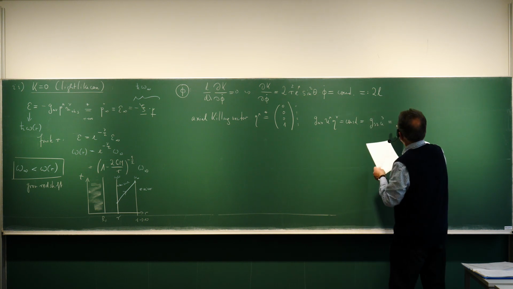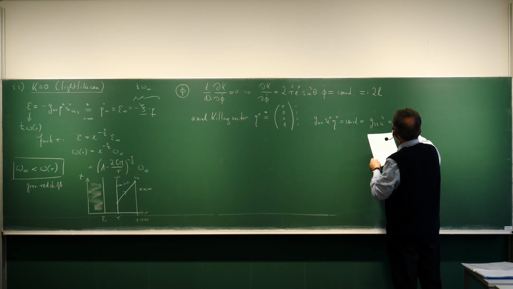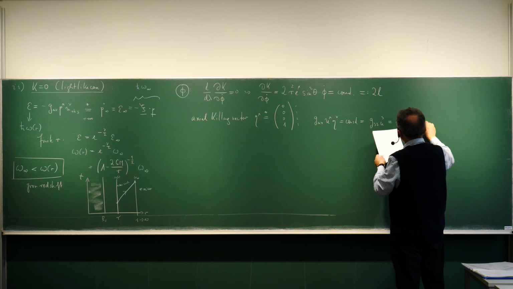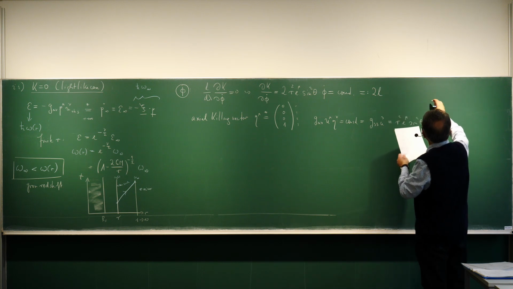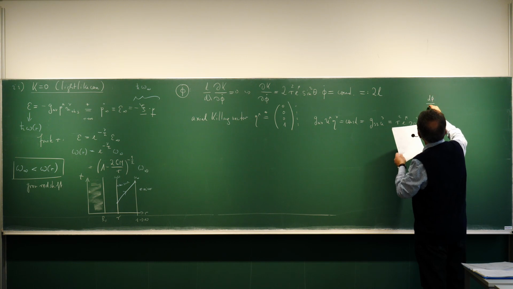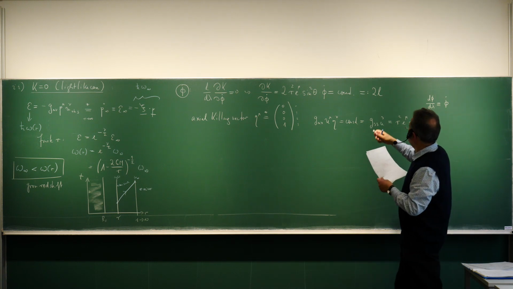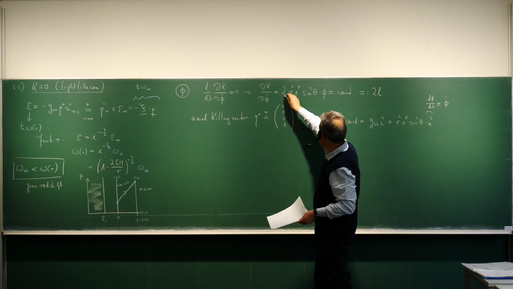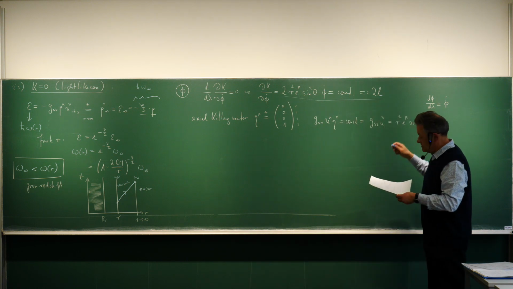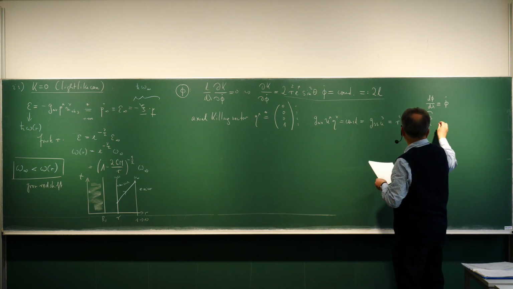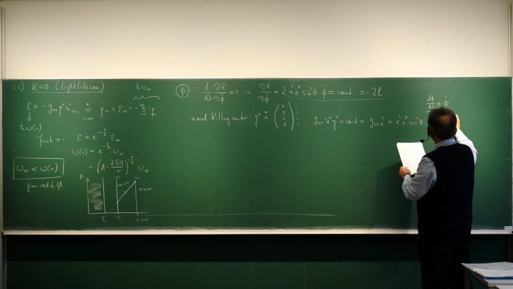If you insert g33, this is r squared e to the mu sine squared theta times u3. And u3 is, of course, d phi over d lambda, which is the same as phi dot. Now, if you compare it to this expression here, then you see that this is just the L here. So this is just the L.